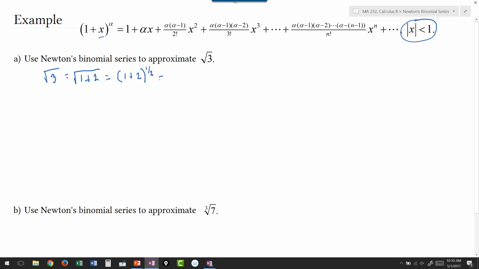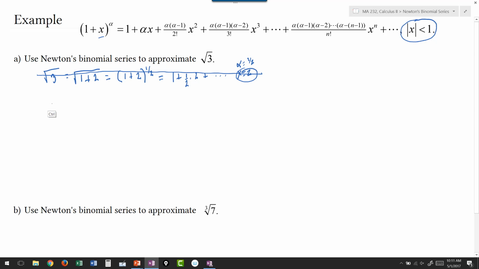And then if I wasn't paying attention, I could write this as 1 plus alpha, which is a half, times 2, and so on. But the problem is, here I'm using x equals 2, alpha equals a half. The alpha's fine, but this x equals 2 is a problem. It's outside where the series converges. So this particular way of finding square root of 3 won't work. We have to do something a little more subtle.